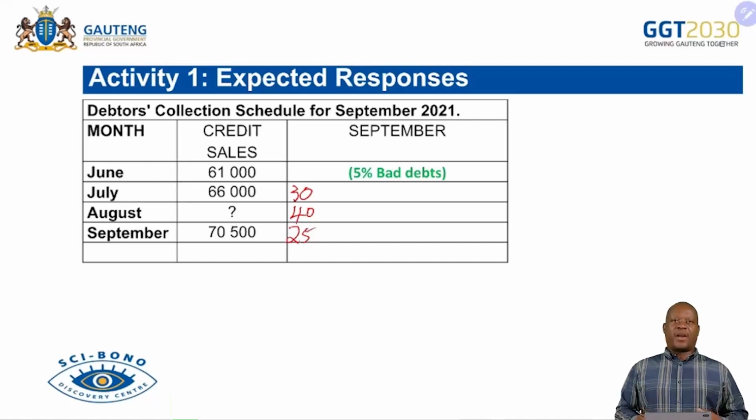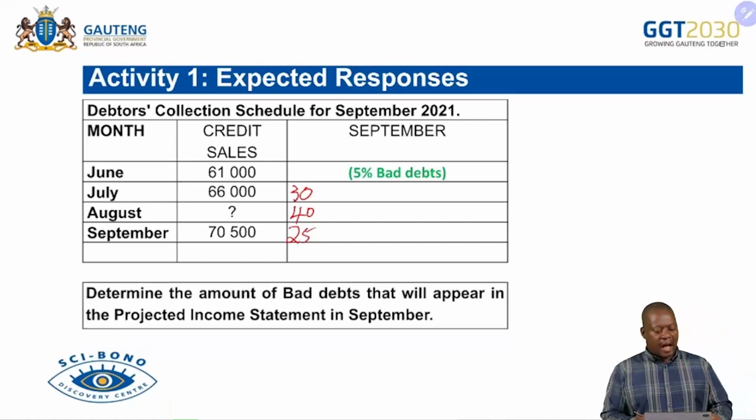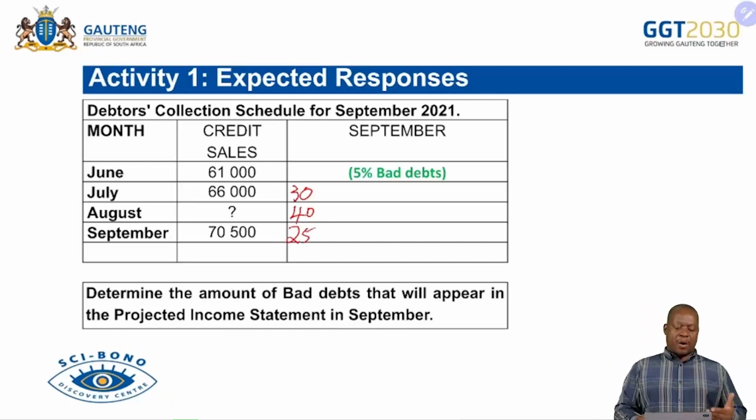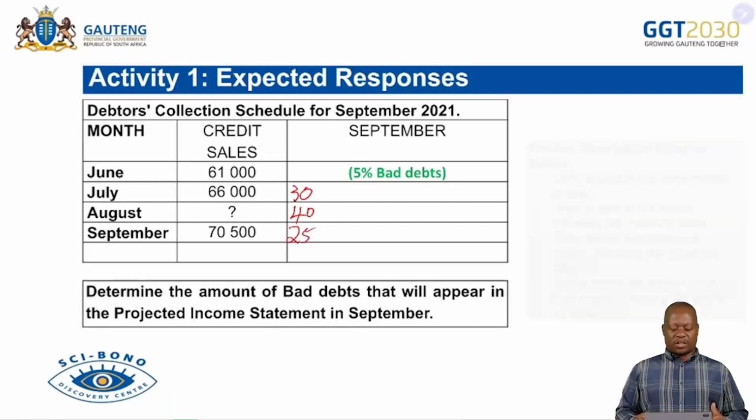Okay, now let's check. We are now going to calculate the missing amounts for the month of September. Now at least we have got an idea. 30, 40, 25 in that order. Now, determine the amount of bad debts that will appear in the projected income statement for September. I think that one is already solved.